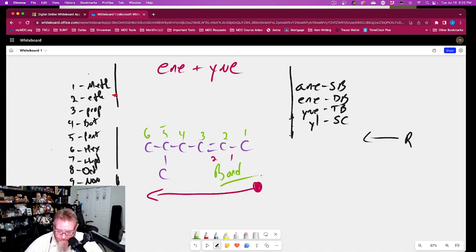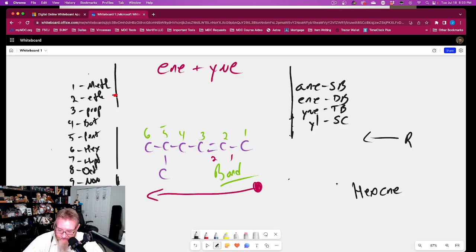So let's look at this. First things first. 1, 2, 3, 4, 5, 6. What's the number for 6? Hex. Remember, we're going to write this from right to left. We're going to say its name from left to right. We have a double bond, which makes this hexene, E-N-E.